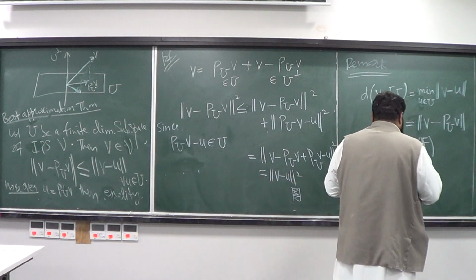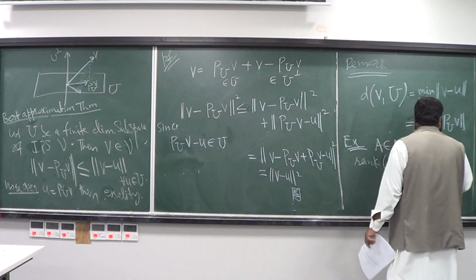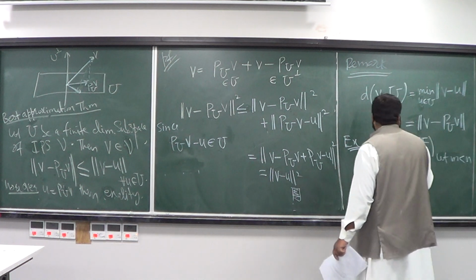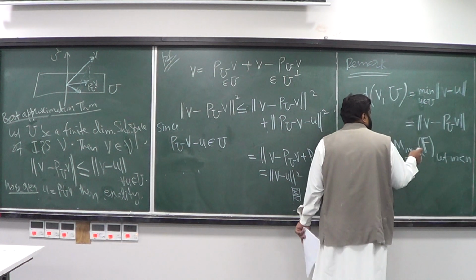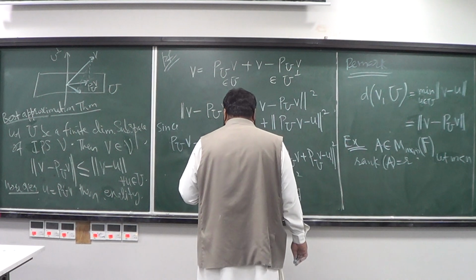Now suppose that m is smaller than n. In other words, there are fewer columns than rows.